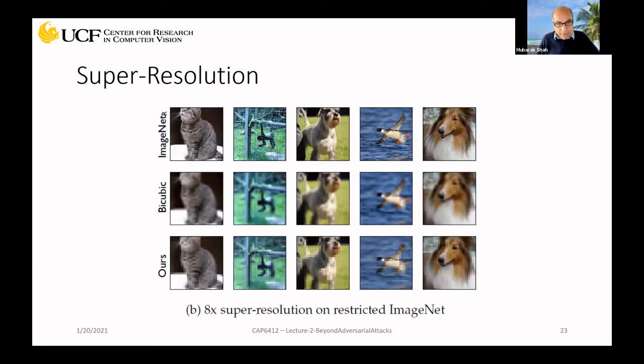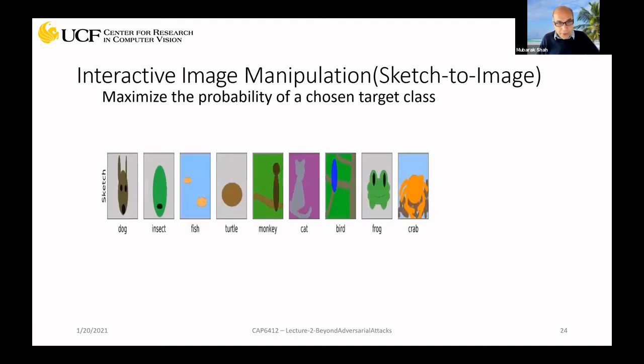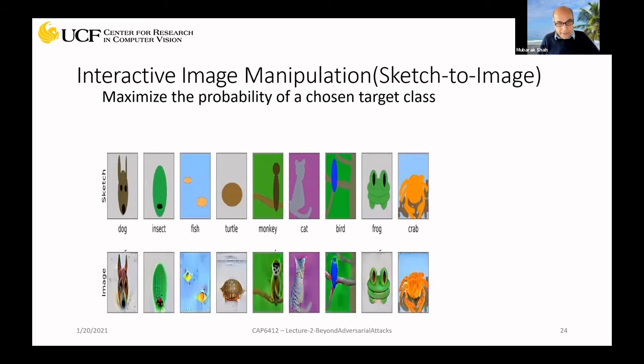This is an example from ImageNet, increased by 8x. Another application of this is interactive image manipulation. Say we have a sketch and we want to generate a realistic image. These are the realistic images generated using, again, the same idea of the loss function given a class. We want to minimize this using PGD.